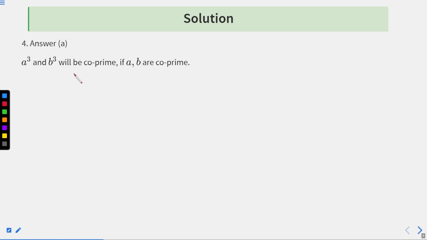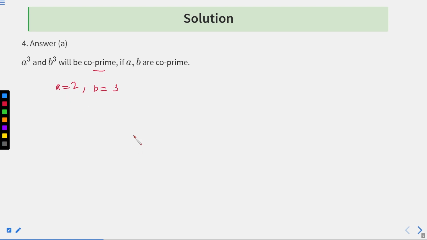A cube and B cube will also be co-prime numbers if A and B are co-prime numbers. You can take an example. If we take smaller numbers, A is equal to 2 and B is equal to 3.